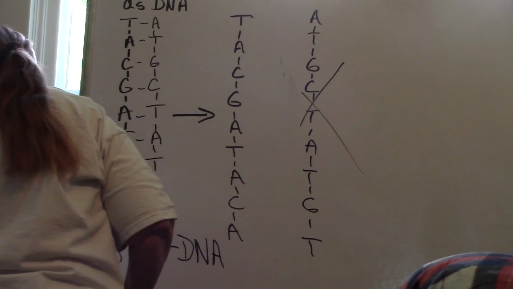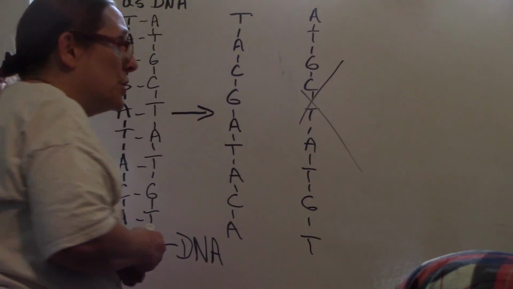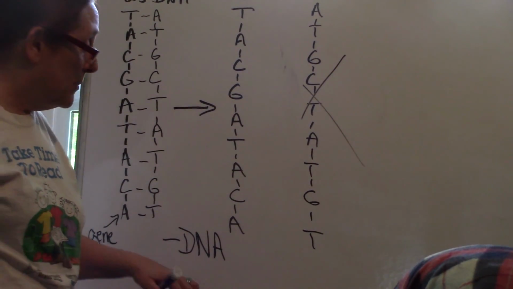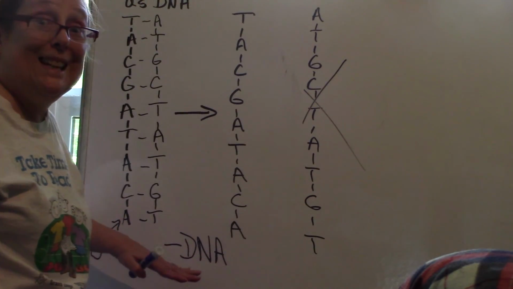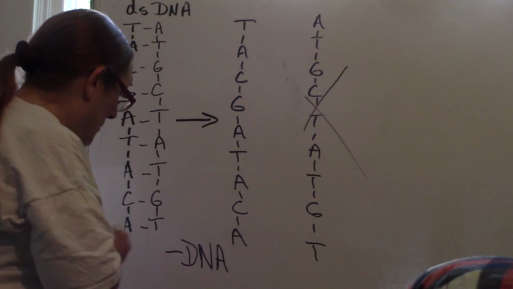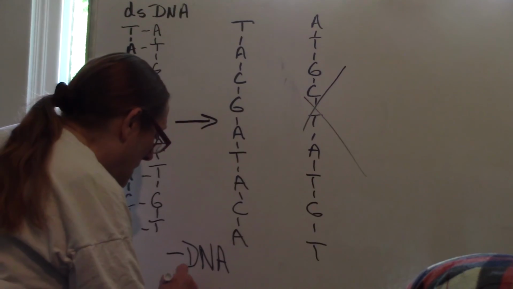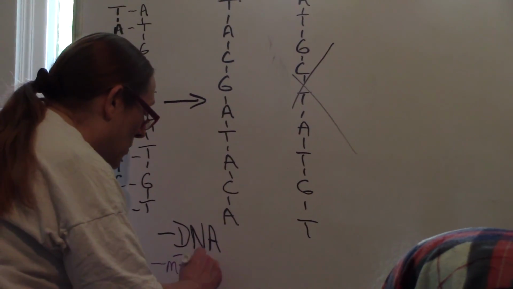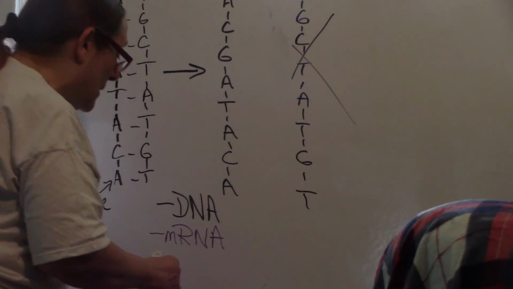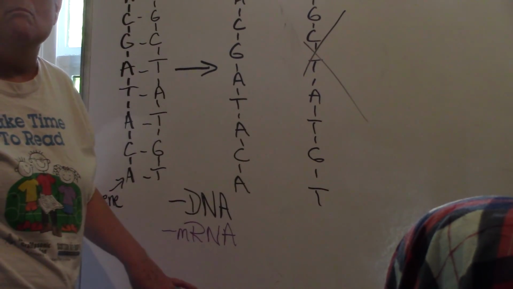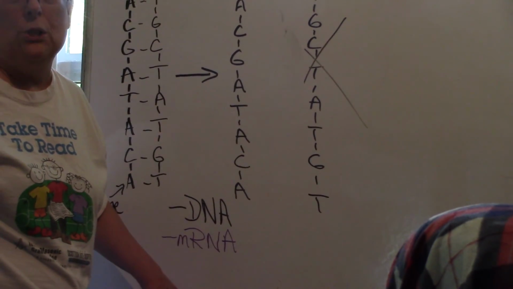But it's going to be like translating it from English to Spanish, except that we're going to go from the DNA language, and this is one that's going to make a protein, to the messenger RNA language.